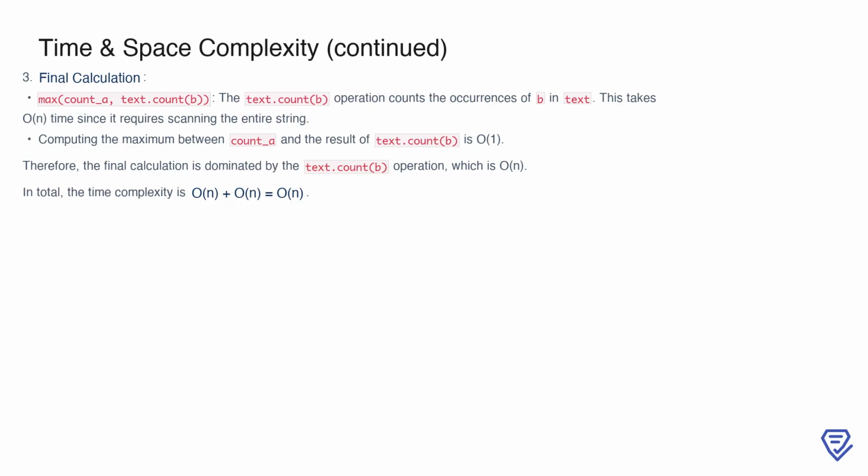However, since text.count(b) dominates this step, the final calculation contributes O(n) to the total time complexity. When we sum up the traversal and final calculation steps, we get O(n) plus O(n), which simplifies to O(n). Therefore, the overall time complexity of the solution is O(n).